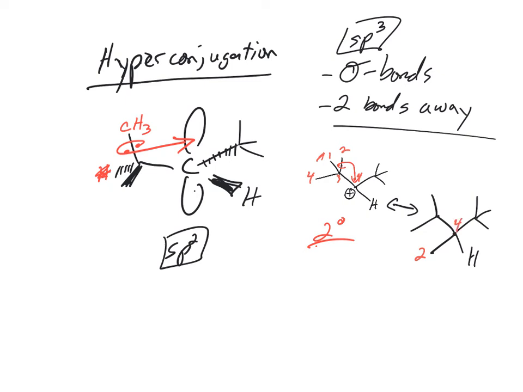It's now bonded to 4. There's 1. I put 4 twice. That's a 5. 5, 4. 3 lost it. So 3 has the plus charge now. That's what rearranged. Now, why pick a methyl? Obviously, there's only methyls there. But I had to form a more stable carbocation.